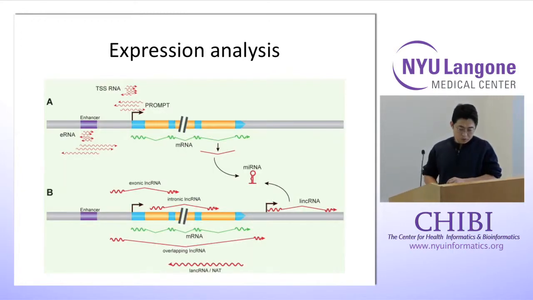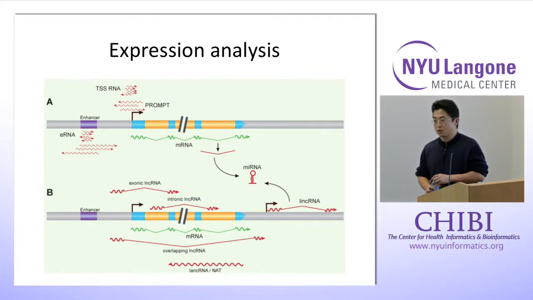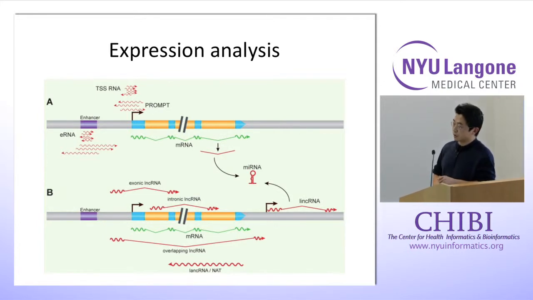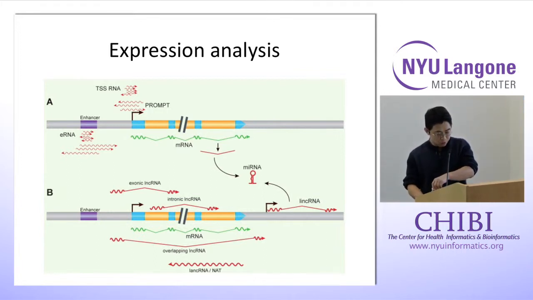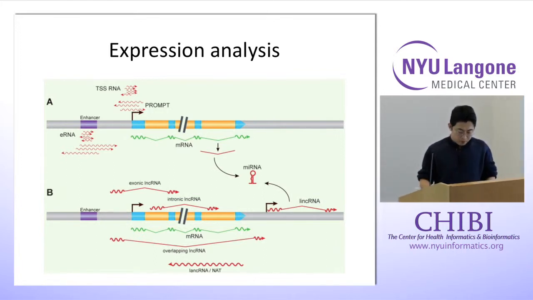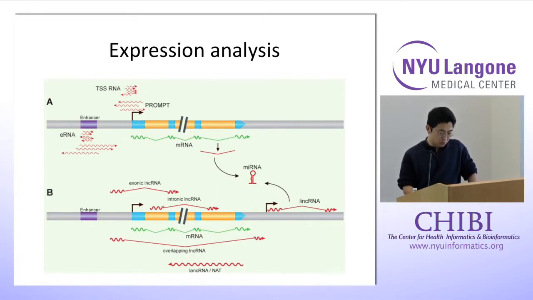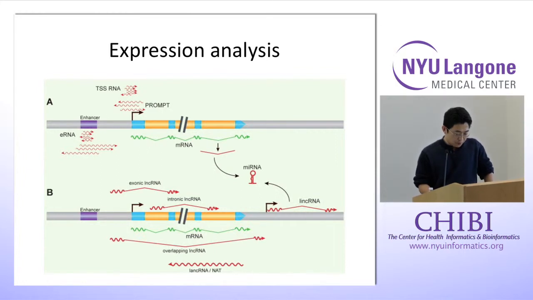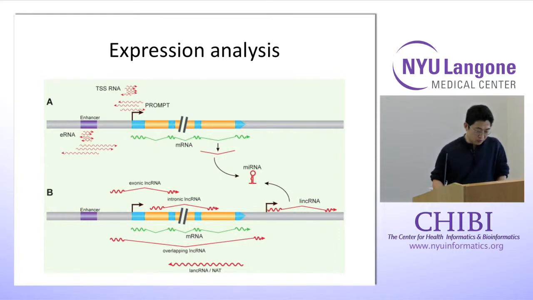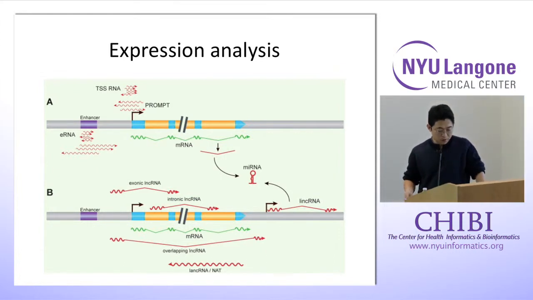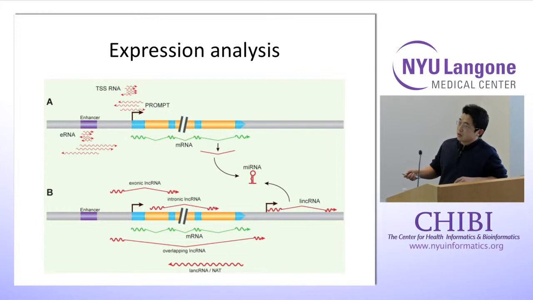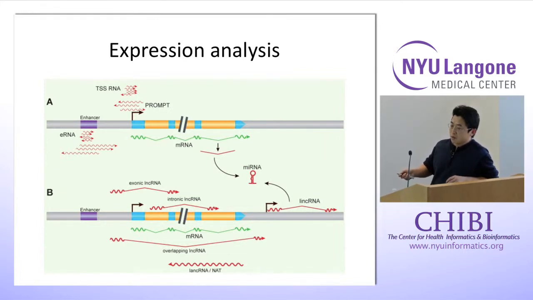We use a lot of next-gen sequencing for transcriptome profiling. Because of the complexity of the transcriptome, the coverage you need really depends on the biology problem, what you want to discover. So this picture shows the complexity of the things that can be transcribed from the genome.